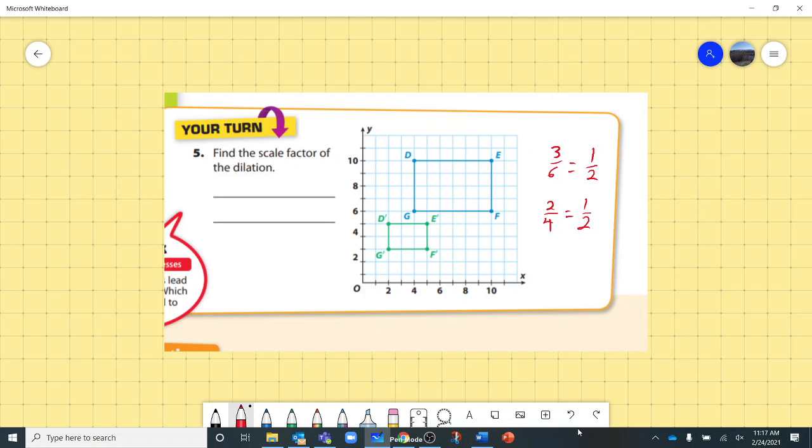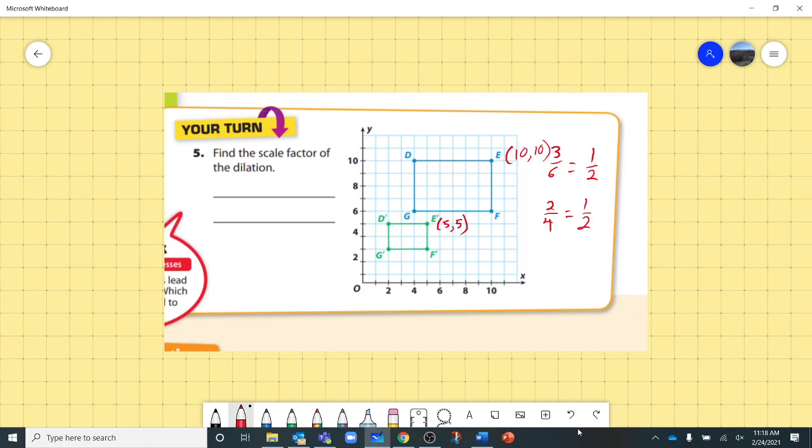All right, the other way to do it is we take one of our points, E. E is at 10, 10, and E prime is at 5, 5.